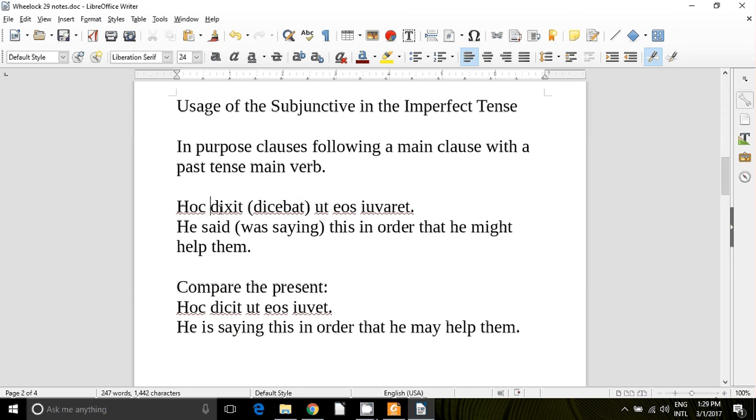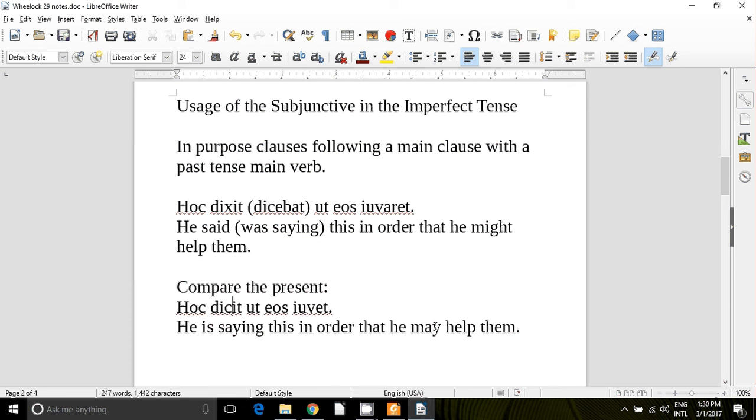So since my main verb is in the past tense, then I have ut for my purpose clause. Then my subjunctive is going to be in the imperfect, and it's translated with might instead of may. He said, or he was saying this, in order that he might help them.